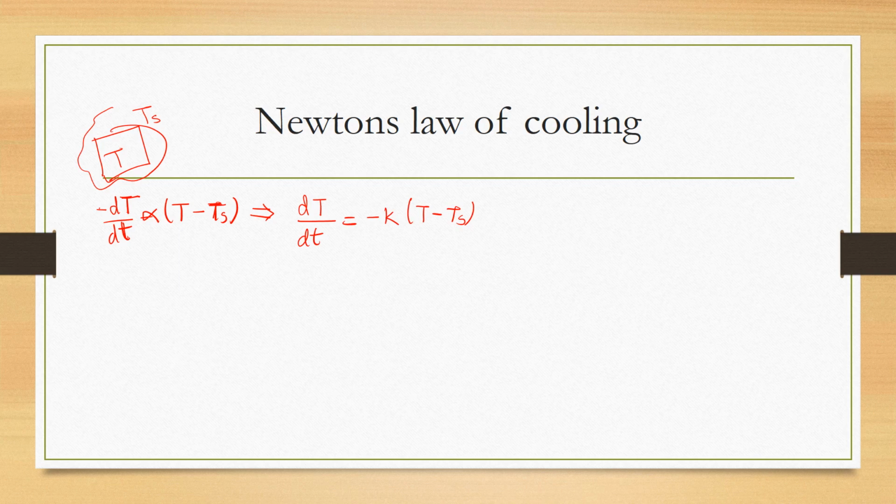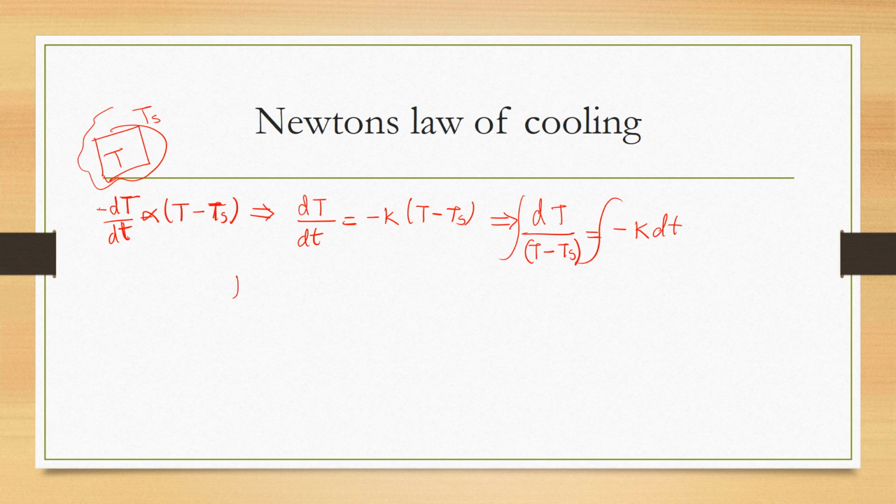This equation can be rewritten in our required form, which I am calling the variable separation form, as dT by T minus Ts equal to minus k dt. Now we have obtained our regular form, so simply integrate the equation and we will get the solution.